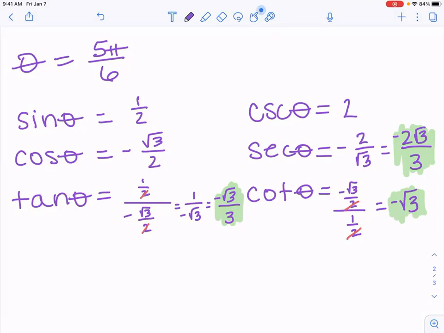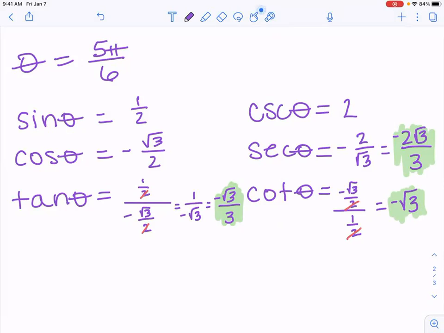We just know those special relationships up here. Okay. Now, something else you might want to consider: if I ask you to do this, and you know the coordinate at pi over 6, well, I know that the coordinate at pi over 6 is radical 3 over 2, 1/2.